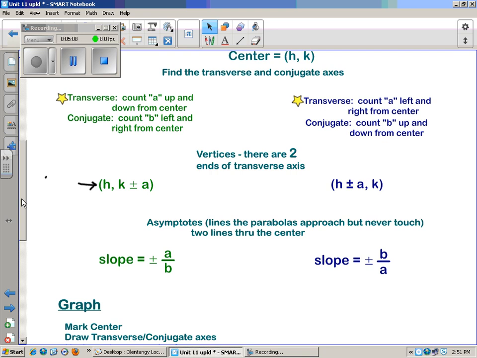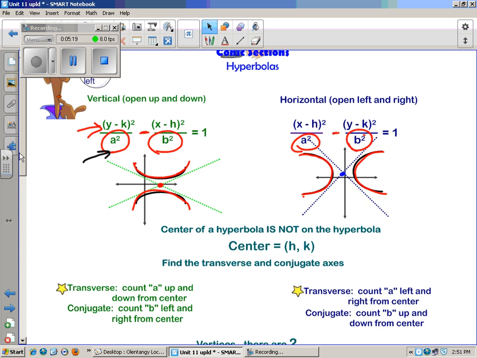They're going to try to touch it, but they're never going to. Okay? The asymptotes are these two dotted lines here and here, and these two blue dotted lines here and here. And you'll notice that in the graph, the hyperbolas are getting closer and closer to those dotted lines, but they're never actually touching them.